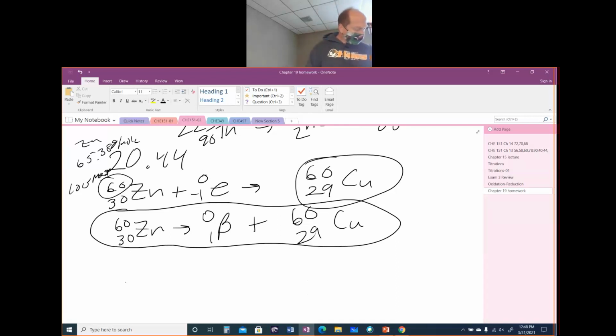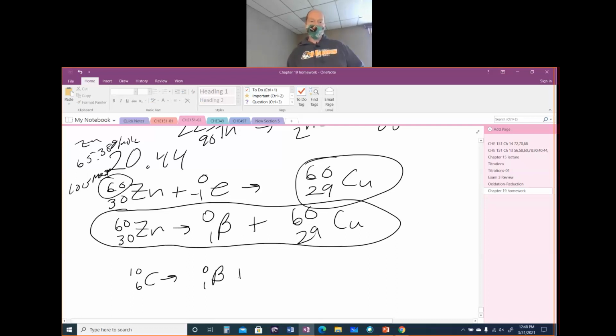All right, the next one is a carbon-10. We all know carbon is supposed to be 12, and so your carbon-10 also is going to do a positron emission. That is a 5, plus 1 is 6. All right, so 5 is boron. So if you look, carbon should be 12, not 10.